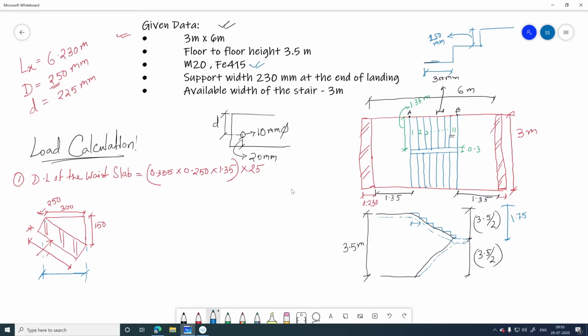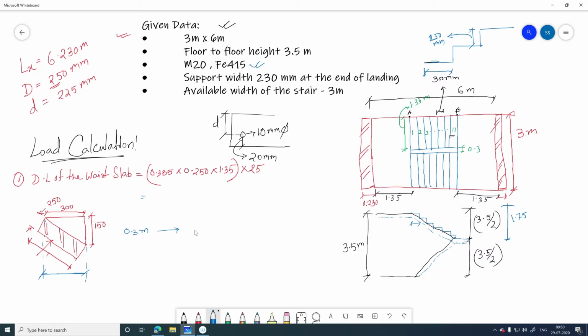Then we will multiply with the total length. So that is why we use the unitary method, that means when the horizontal distance is 0.3 meter, then the dead load is this one.